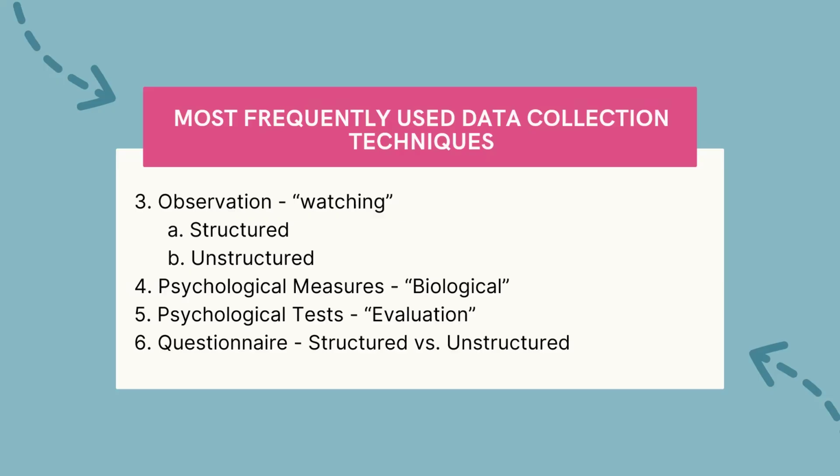You just have to put everything on a certain sheet of paper: what are your observations? We also have psychological measures, which is biological. And we also have the physiological, psychological test, which is for evaluation purposes. And we also have questionnaires, structured versus unstructured questionnaires.